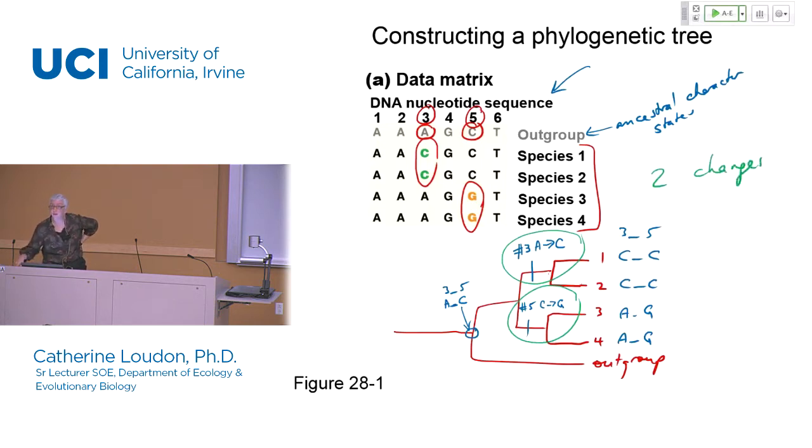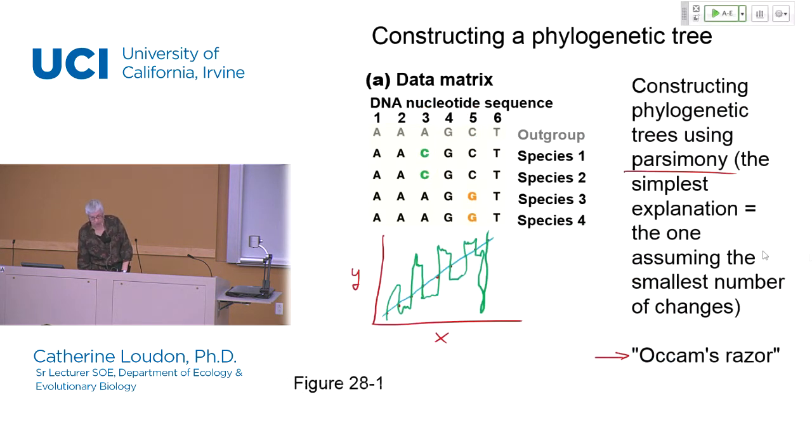And therefore, of these 2 particular trees, the first one here is more parsimonious, and it would be preferred as a simpler, more direct, more compelling explanation for the evolutionary history of this group. So that's how one uses parsimony.